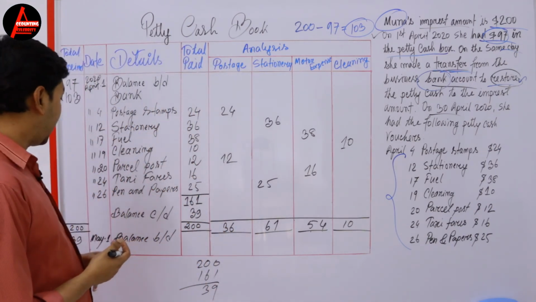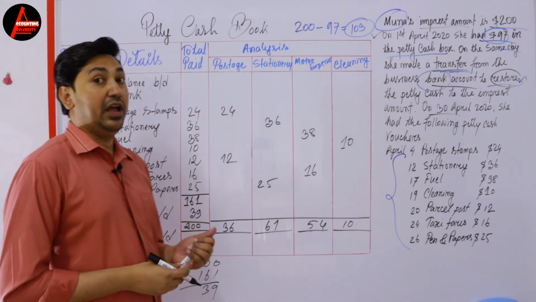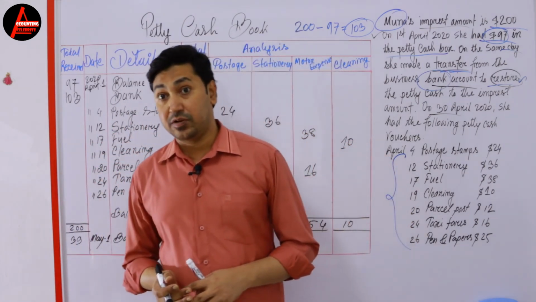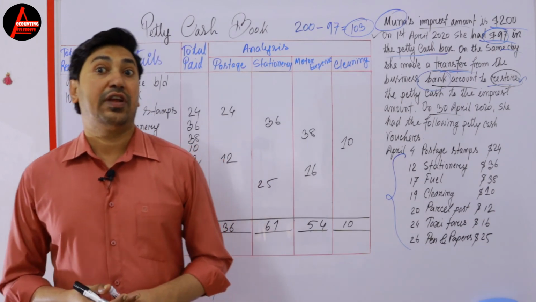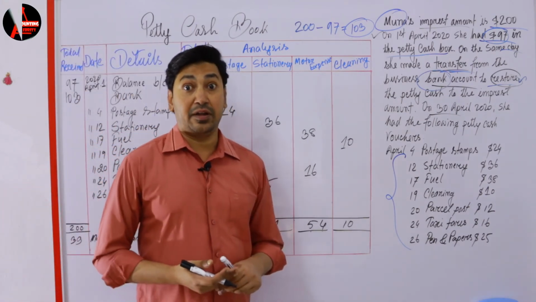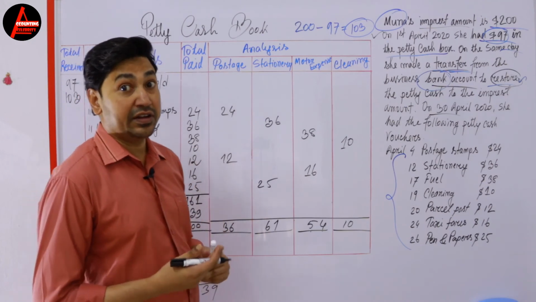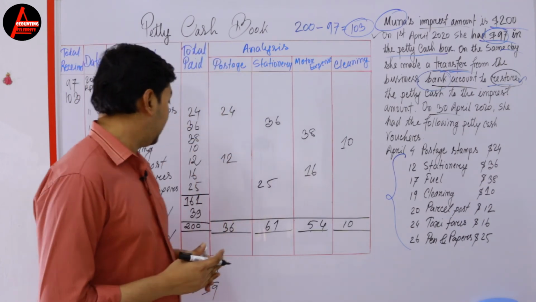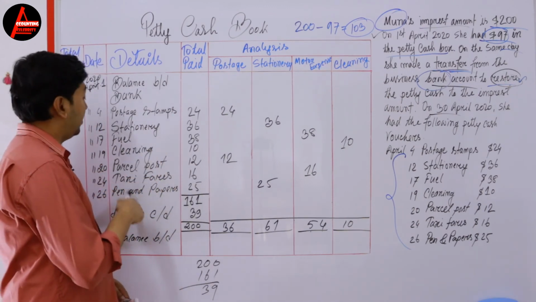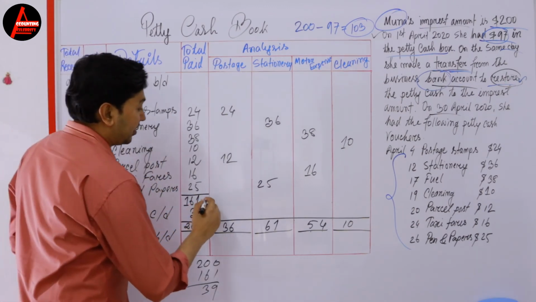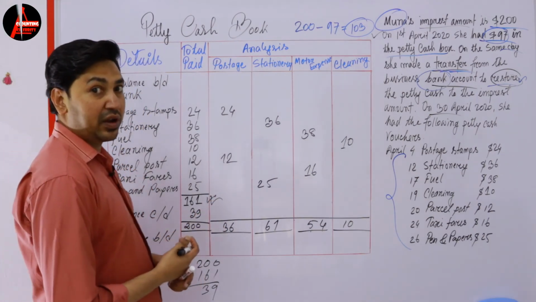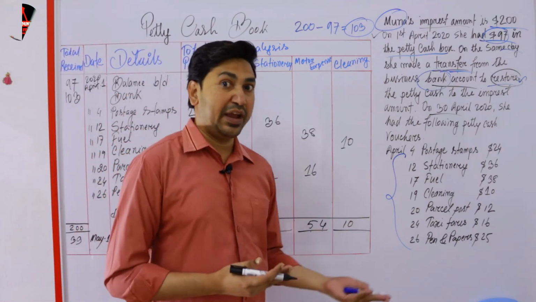Now look, so in the next month it is Imprest system petty cash book, okay, Imprest system. So next month she will receive the money from bank. The money she already spent, she will receive. How much she spent in the month of April? It is $161, okay. So she will take this $161 from the main cashier, okay.